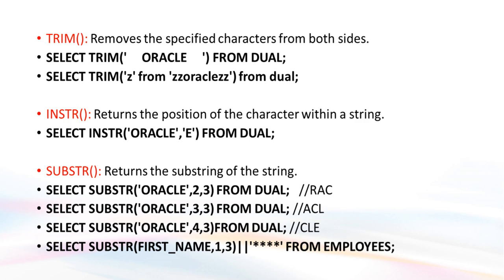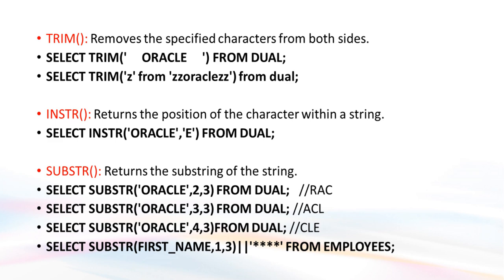We can also use it the other way. Select TRIM of Z from this particular string. This is another syntax. We can use the TRIM function in two different ways. In this particular string, wherever Z is there, that Z value will be removed.